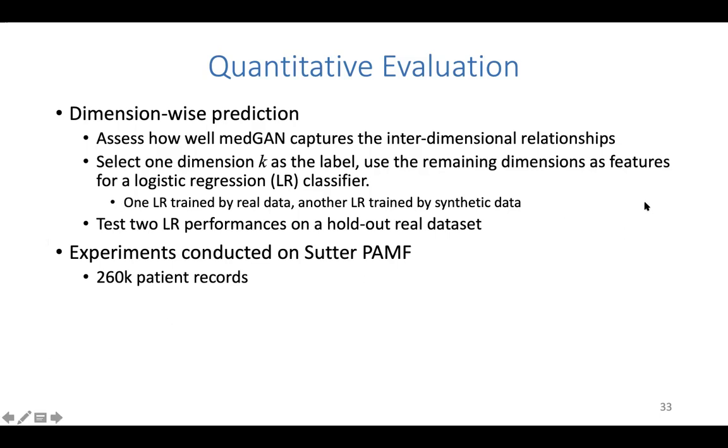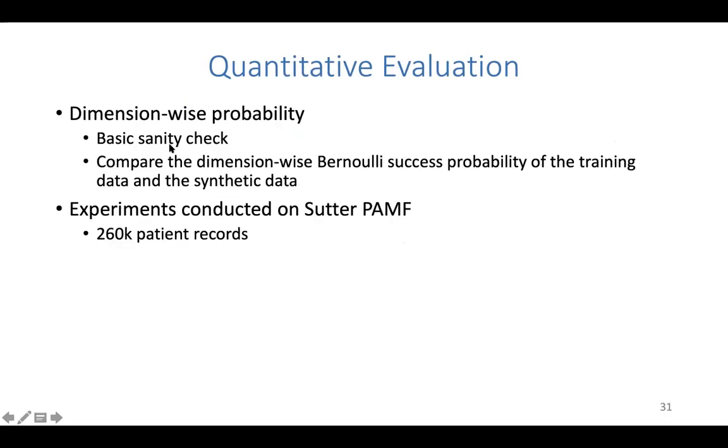Question from Pyongyang: how to backpropagate gradients and apply gradient descent with rounded quantized values? Oh, actually, no. Sorry. When we're training, we don't care. We don't round up. But when we want to do the dimension-wise prediction or dimension-wise probability, that is when we round up.